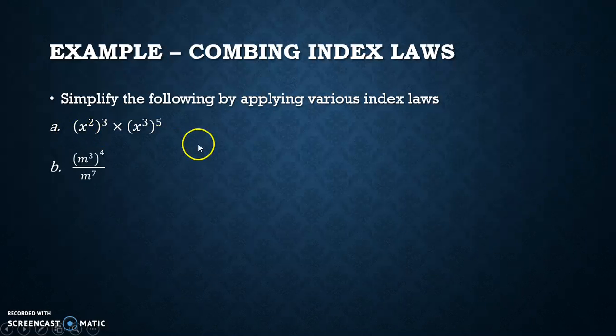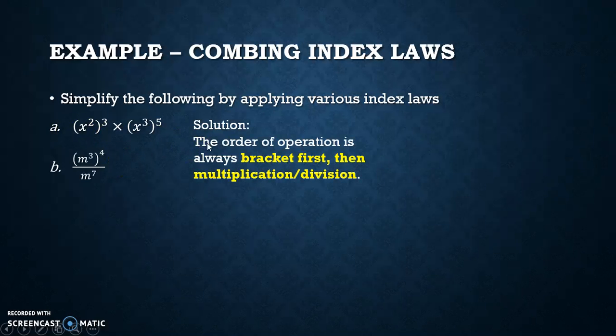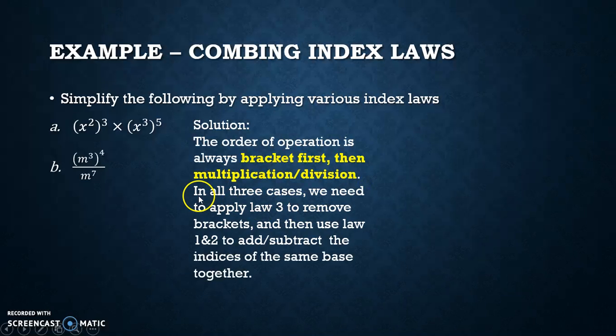For example, the order of operation is always bracket first, then multiplication or division, right? For that reason, we should always apply index law 3 to remove the brackets first, and then use laws number 1 and 2 to add or subtract the indices of the same base together. I will show you the third case later.